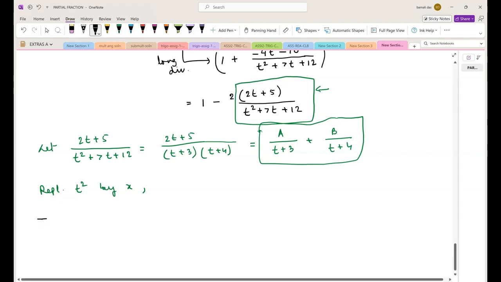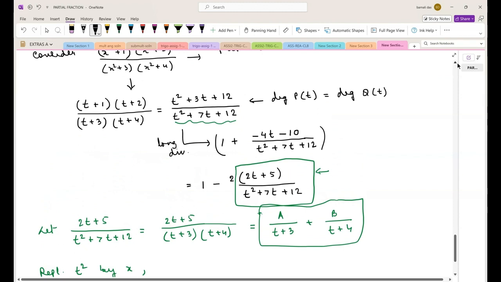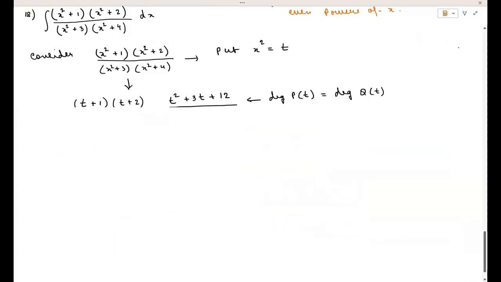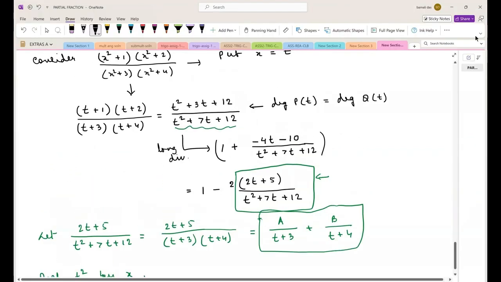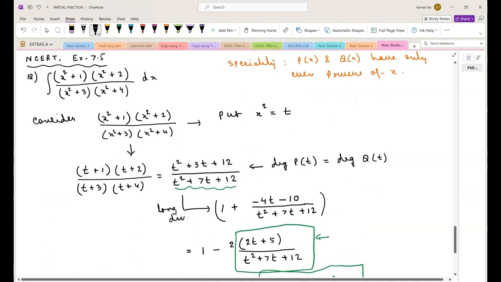If you look at the I, the original I that is here, this was your original I.